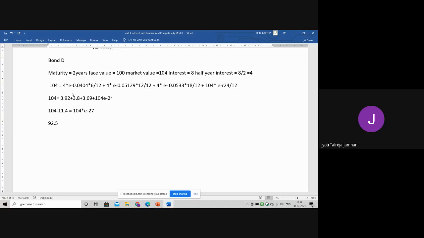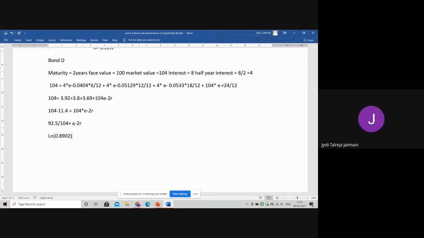So if we divide by 104, it is equal to e raised to minus 2r. See how much you get after dividing. 0.8902.